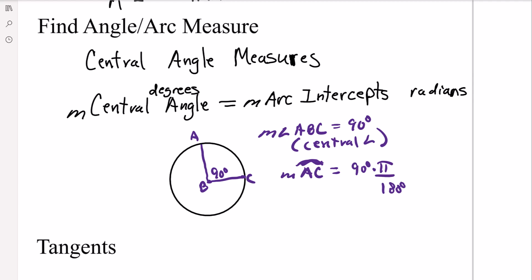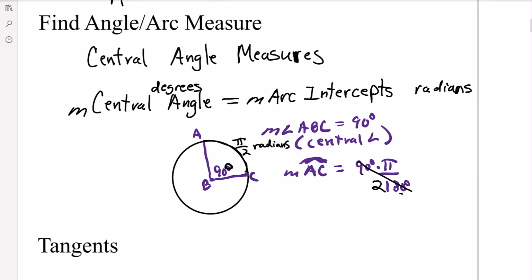And so yeah, this is 90 degrees. So this arc length right here would be pi halves. So see, 90 goes into 180 twice. So pi halves and 90 degrees are the same measure, but one is in radians and one is in degrees.